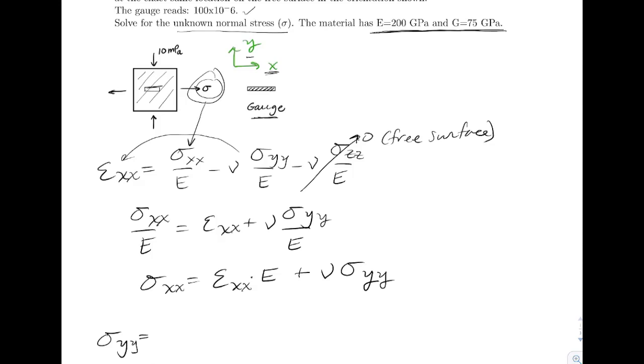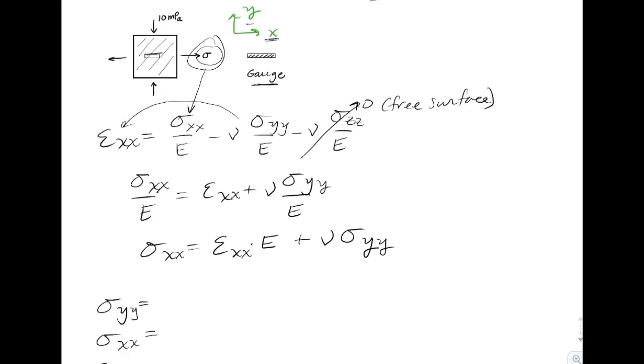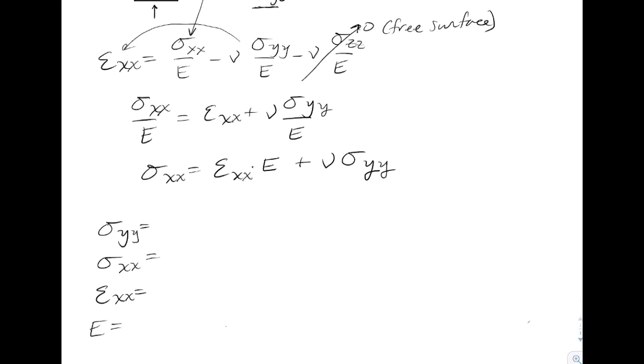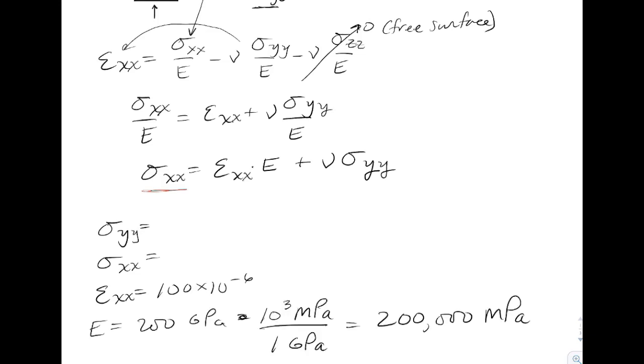So as we look at this equation, let's lay out what we know, and perhaps there may be something else that we need. So clearly that's what we want to solve for. We know epsilon XX, that's from the gauge reading. We know E, which was given to us. I'm going to take that down to megapascals.